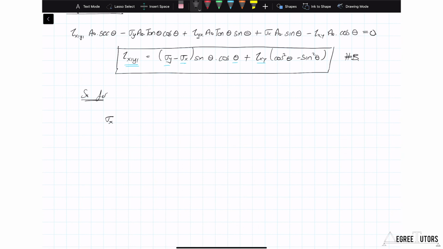So in simple terms, I've worked out sigma x1 as some function of sigma x, sigma y, tau xy, and theta, and I've worked out tau x1 y1 as a function of sigma x, sigma y, again tau xy, and theta. At the simplest level, that's all we're trying to do: work out transformation equations. Well, we have them.